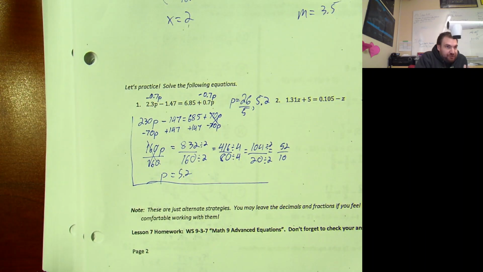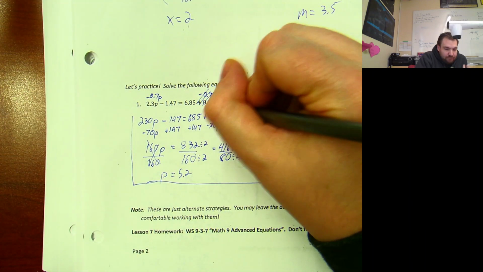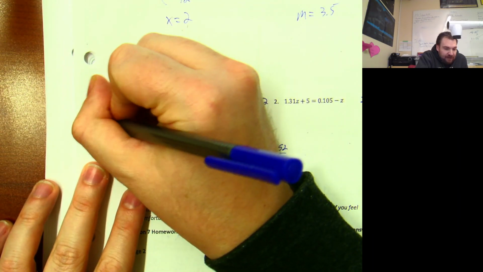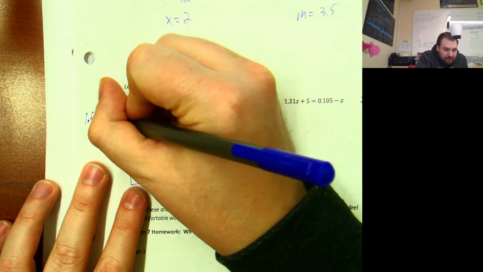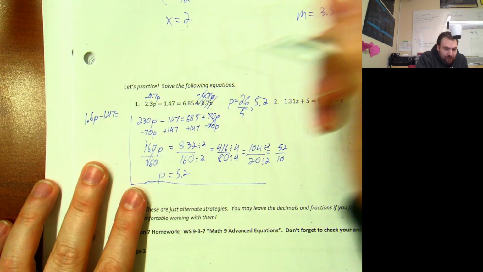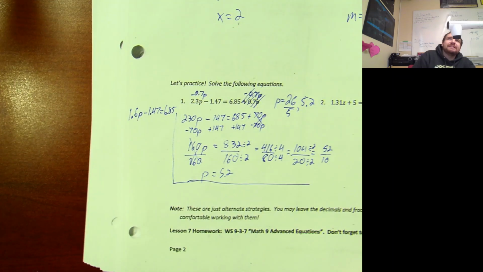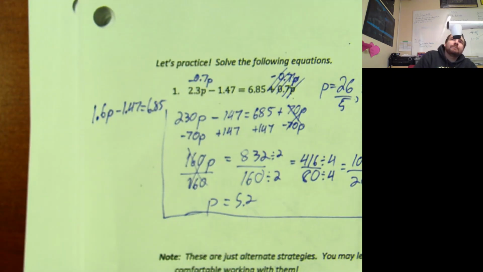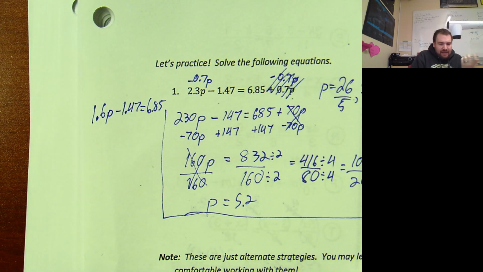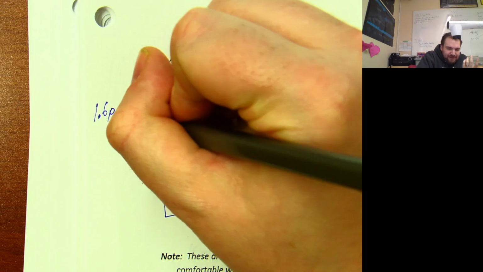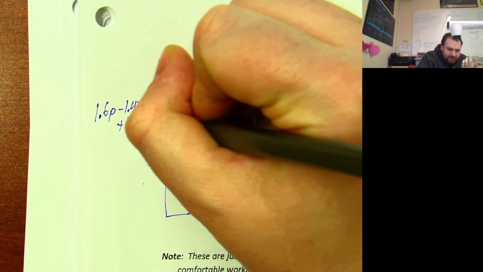I could just jump straight into this. 2.3 minus 0.7, that's going to be 1.6p minus 1.47 equals 6.85. Like, the technique is the same, except I'm just dealing with these decimal numbers instead. Then I'm going to add 1.47 to both sides, and especially if I let you use a calculator.